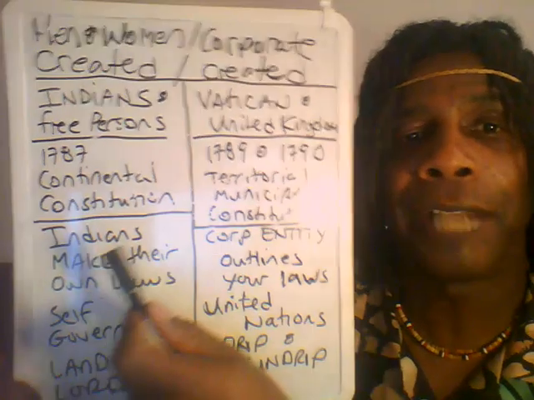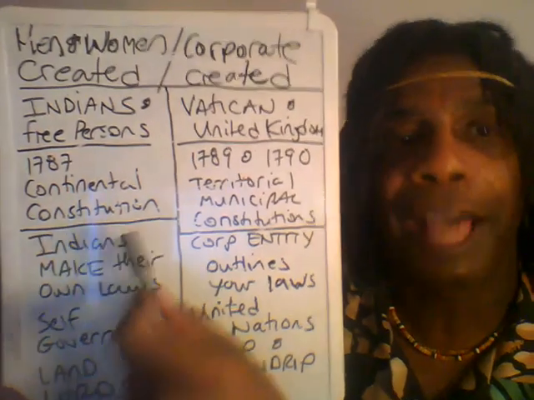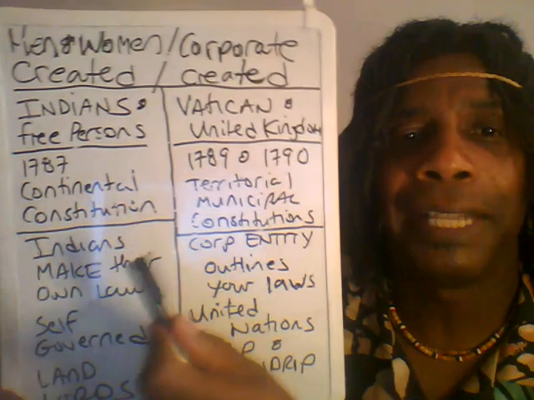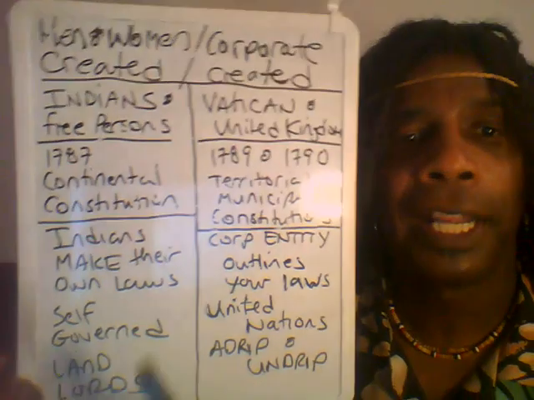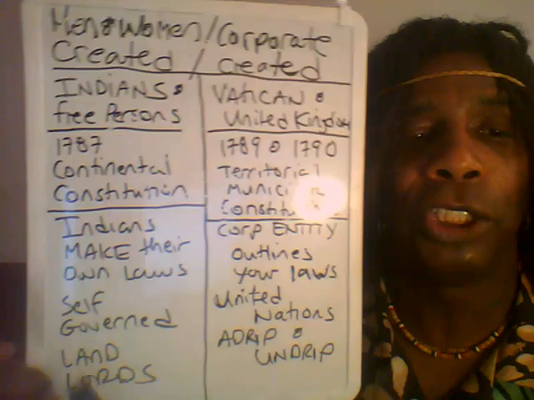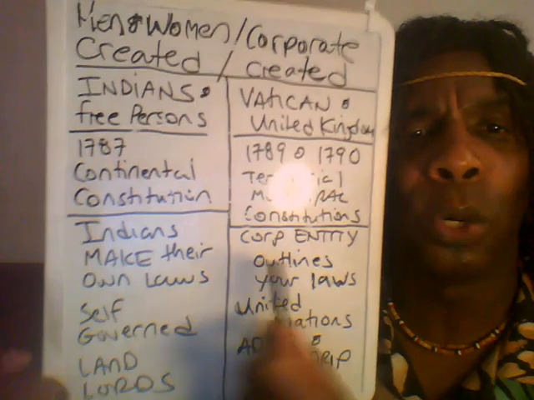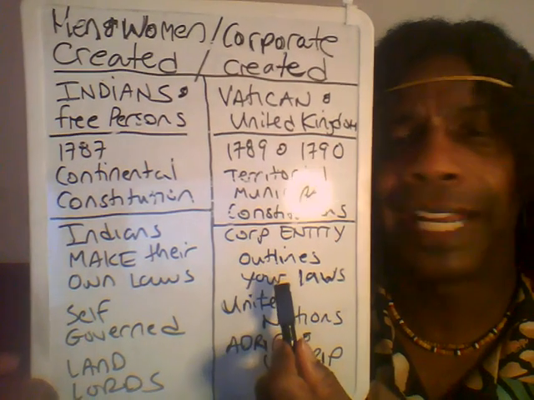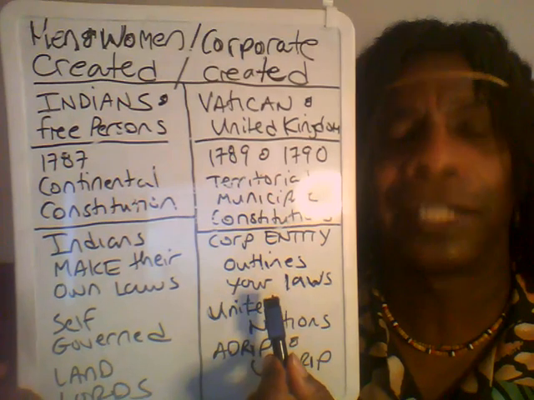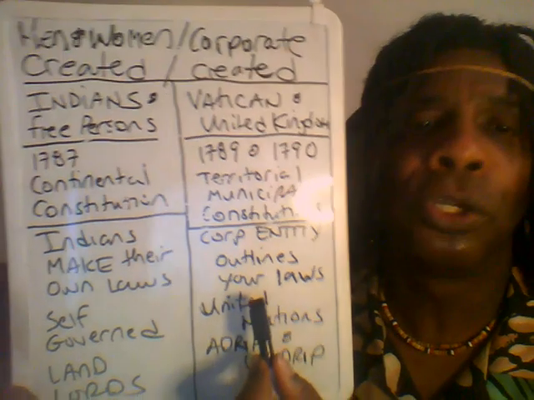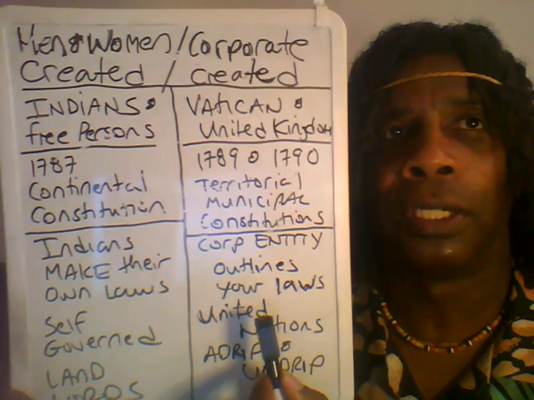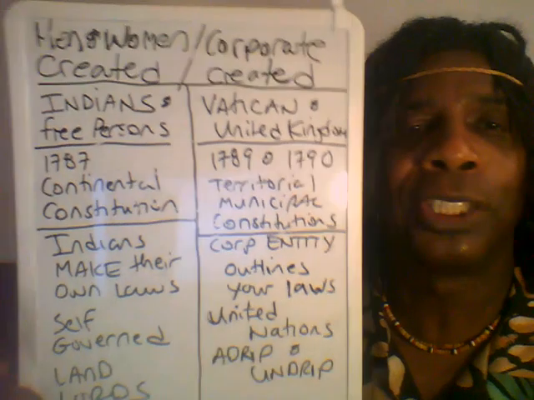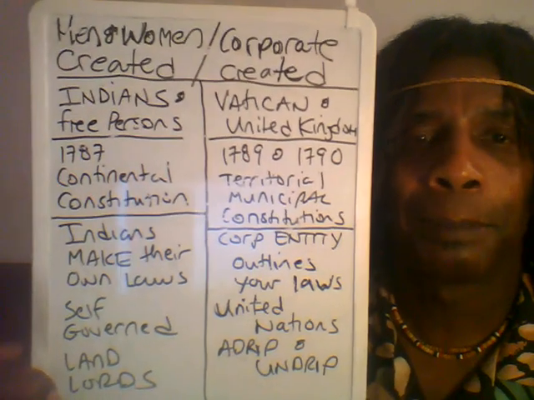Now, it has pirated you out of this jurisdiction and made you a corporate entity so that you can be in their jurisdiction. Here you had sovereignty, you were landlords. Here you owe a debt, and you can't be landlords. They're going to take your land, they're going to take everything you have, you're going to register what you have, and once it's registered or given a certificate, it's as good as theirs, okay?